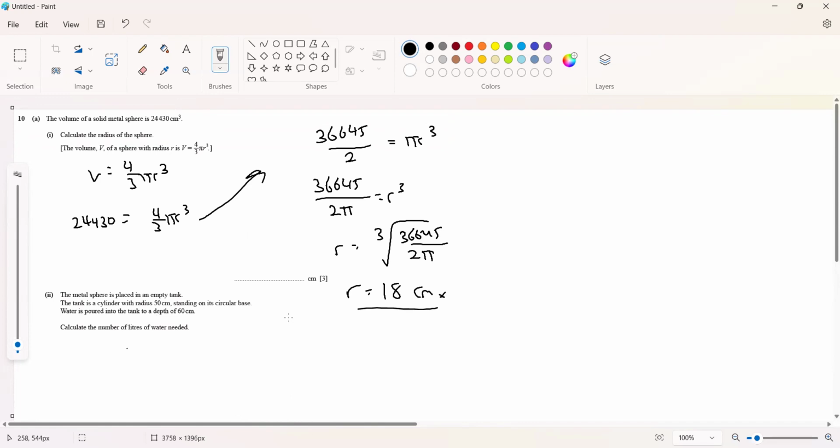So in here, what is the cylinder when they pour it up to 60 cm depth, right? So in other words, the volume of cylinder required for 60 cm is pi r squared h. So that is pi, the radius is 50 and the depth is 60.